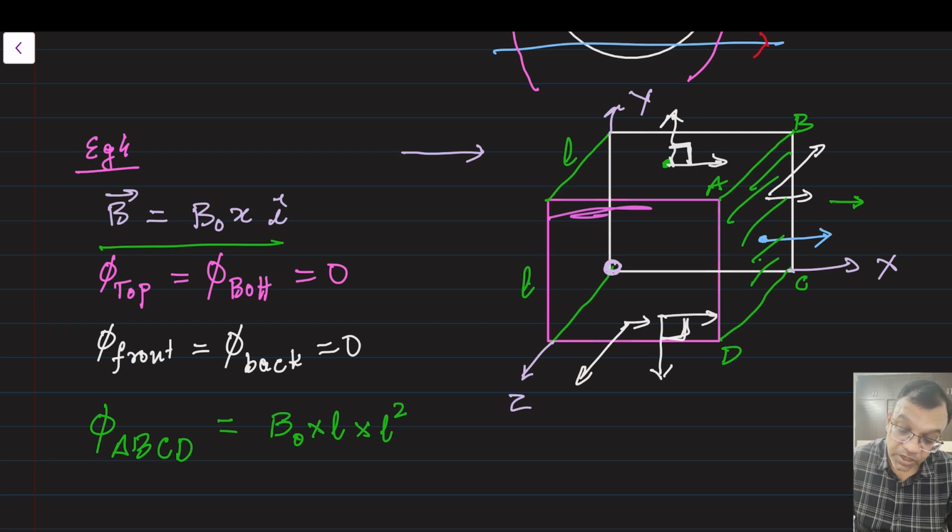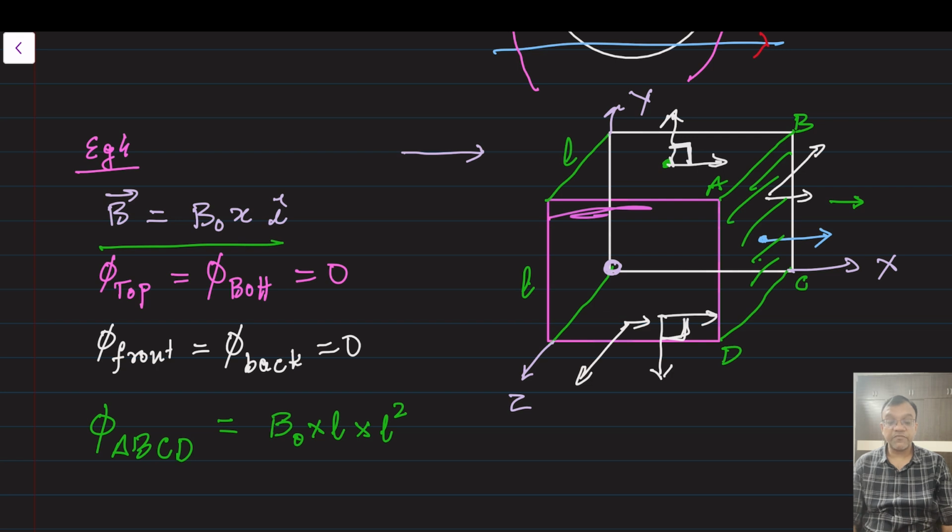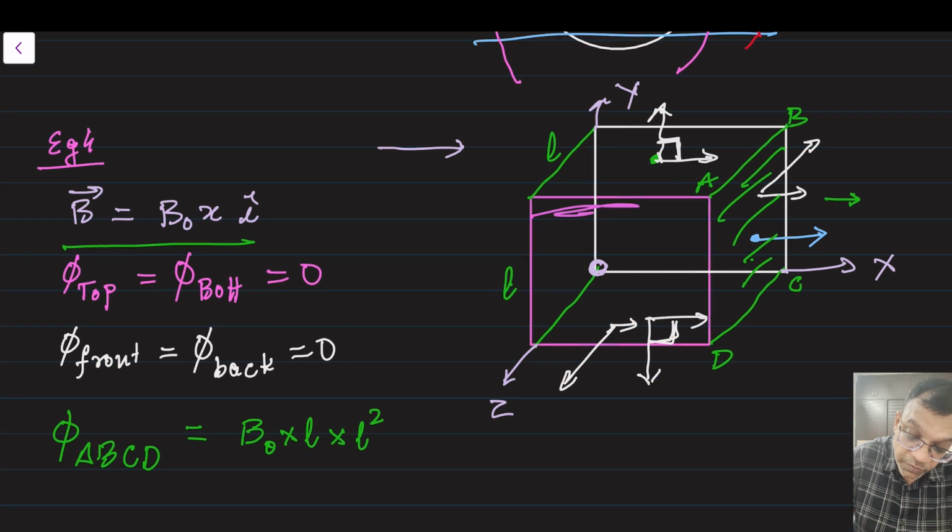And if you see the other face parallel to it, which I am marking, the flux linked with this surface is 0. Why? Because the magnetic field is B naught x, and for this location x is 0. I am marking it by another name, say UVWX.